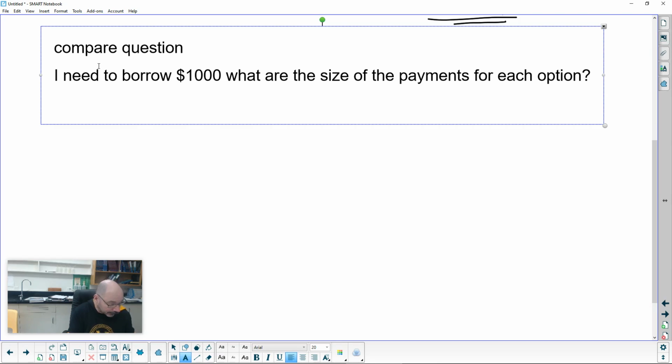Okay, so let's say you do a one-time payment over 12 months, or a year, at 8.4%.